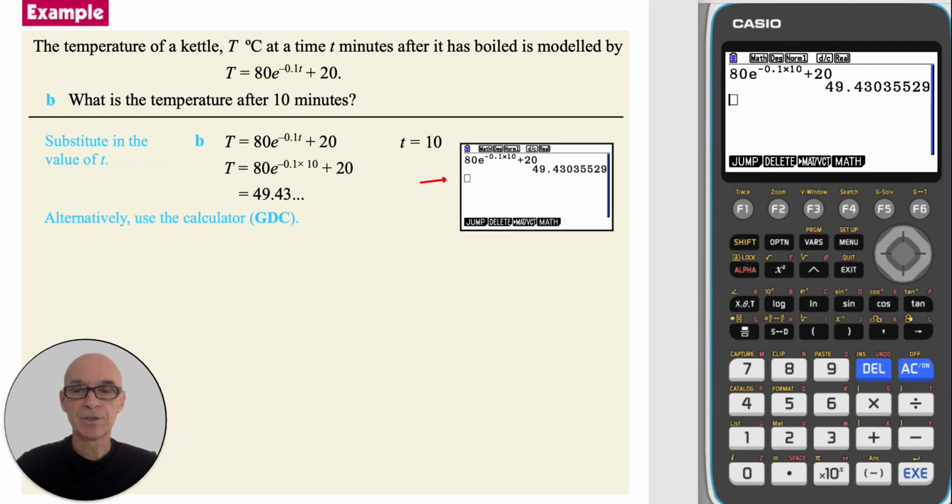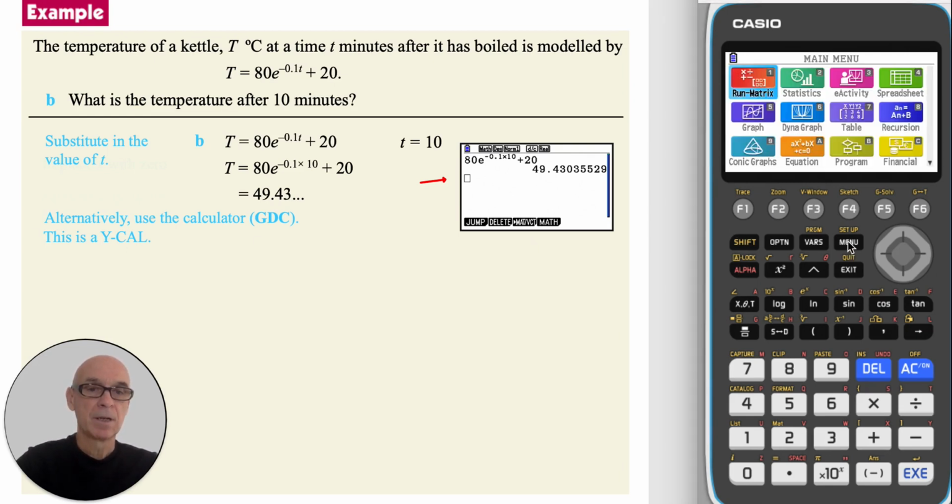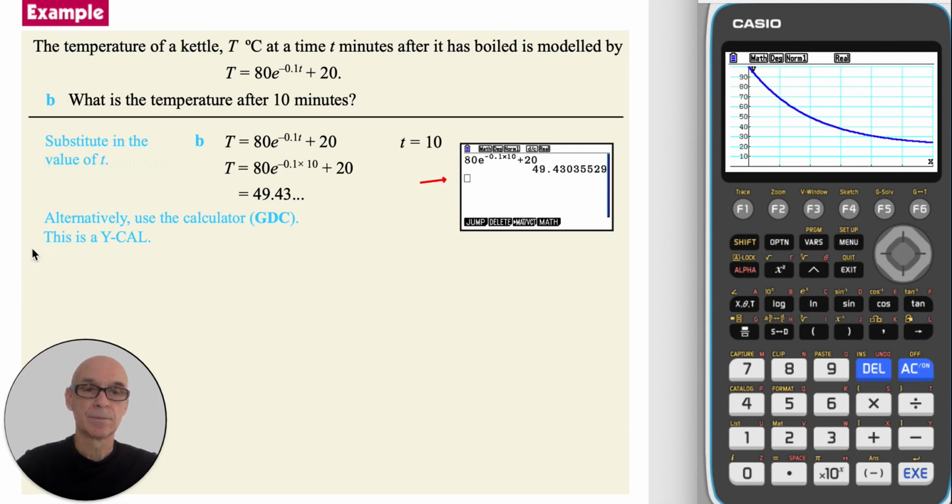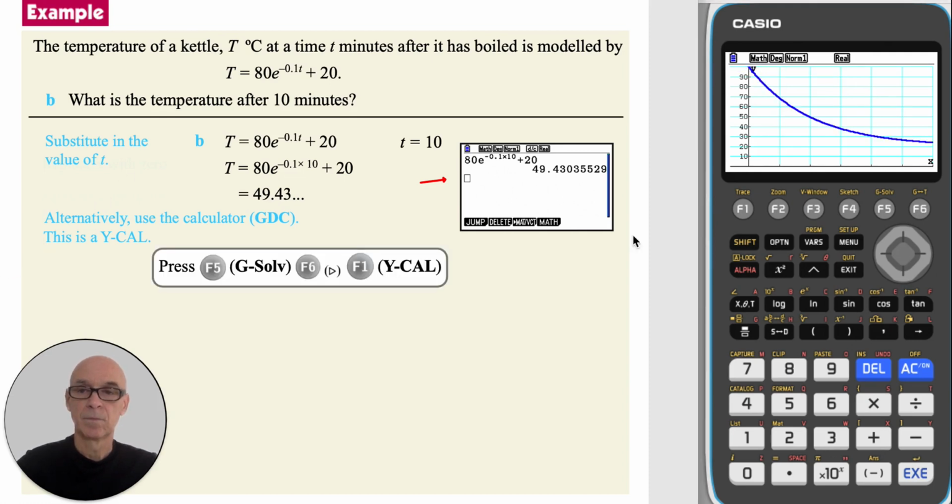Or alternatively, we can use the calculator. This is a Y calculation. From the main menu, if I return to graph and draw the graph again, press F5, G-solve, F6 to get to the second page of tabs, and F1 for a Y calculation.